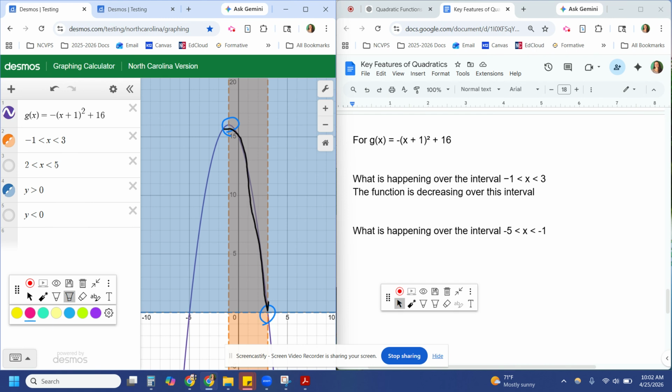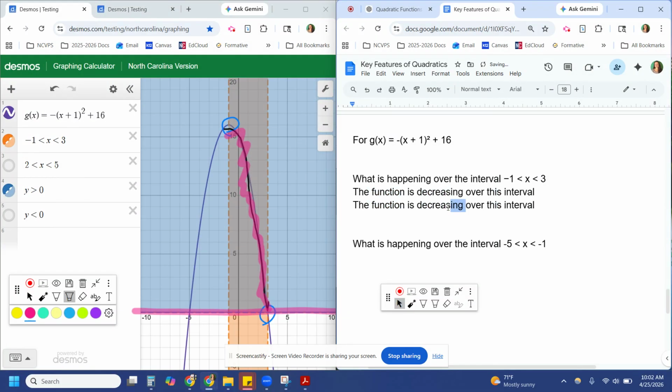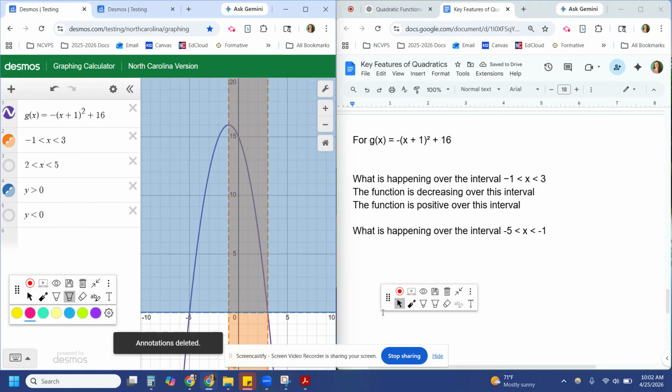I think I might have said y-axis. I meant to say x-axis. We are above the x-axis. Every single one of those points has a positive y coordinate. So let's head over here to this side, and now we're going to say the function is positive over this interval.